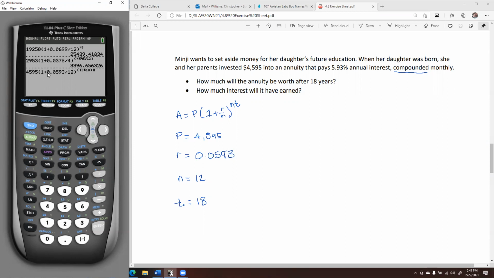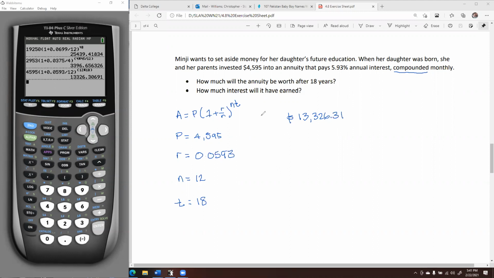All right, I'm just going to double check, make sure everything looks right. 0.0593, n is 12, n times t. Okay, so we hit our enter button, and we have the annuity will be worth $13,326. And once we account for rounding, 31 cents.